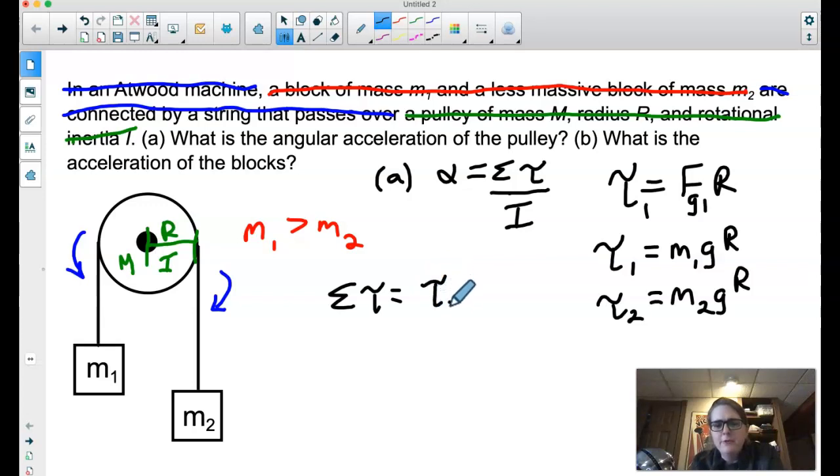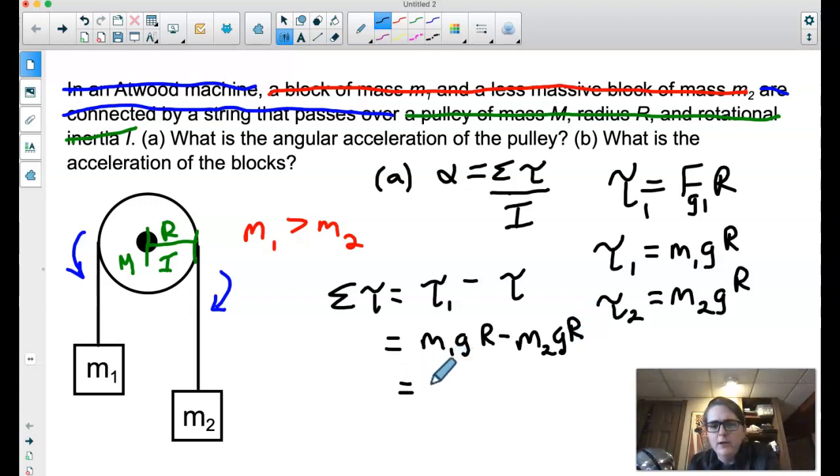That means my net torque is going to be the torque from mass 1 minus the torque from mass 2. So my net torque is M1 g R minus M2 g R.